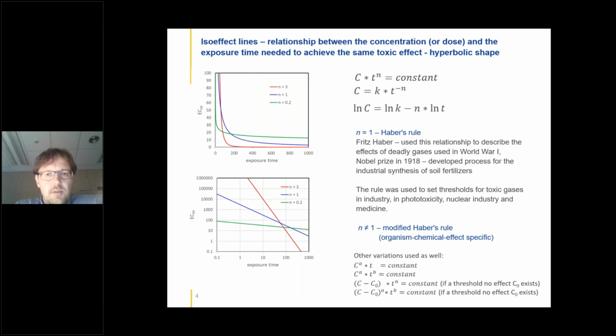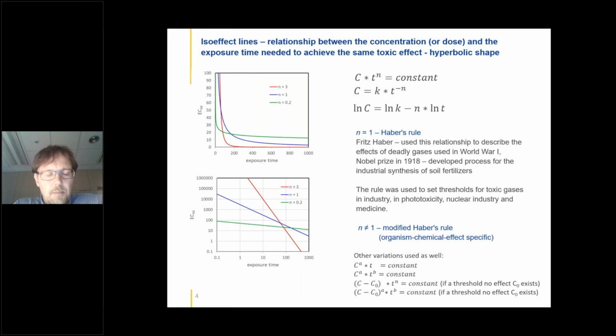The first perhaps was Haber, who described the effect of deadly gases used in World War I to kill the soldiers, and he found that when he decreased the concentration by a factor of 2, he needed to increase the exposure time by a factor of 2 to achieve the same effect. So this can be mathematically expressed as concentration multiplied by the exposure time equals constant.